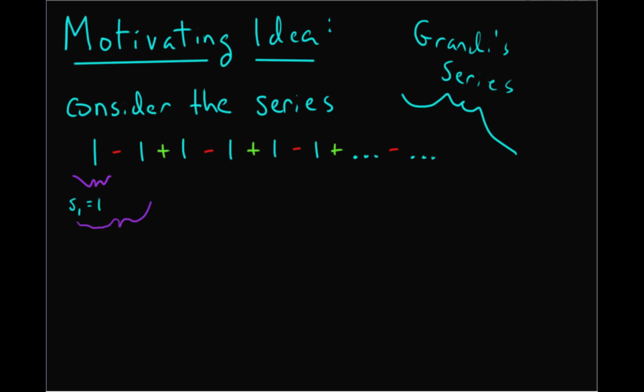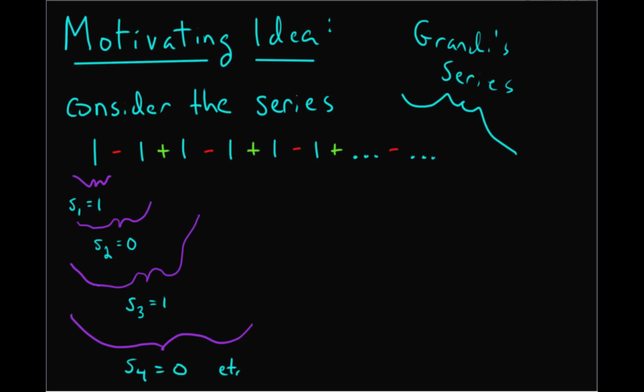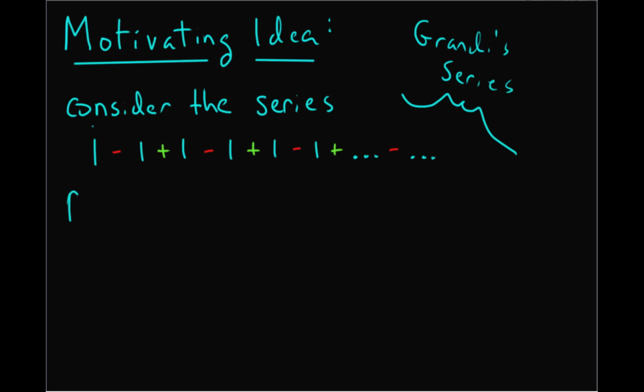Next partial sum, S2, which is just the sum of the first two terms in the series, that would be 1 minus 1, so S2 just equals 0. The third partial sum, S3, is going to be 1 minus 1 plus 1, which just equals 1 again. And the next partial sum after that, S4, just equals 0 again, and so on. So rather than approach a limit, we see that the partial sums of Grandi's series just kind of bounce back and forth between 1 and 0 forever.